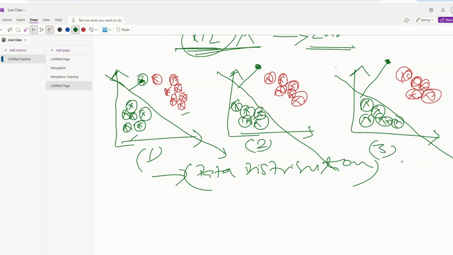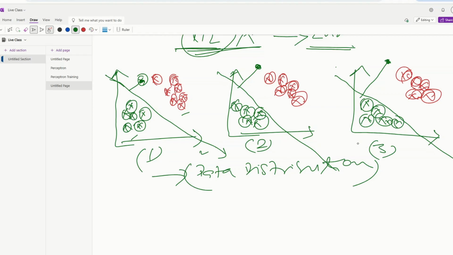This green point is the same in all the cases. The only thing different in all cases is the straight line, I mean my boundary. So after training, let's suppose I found that this is the right boundary in case number 1, case number 2, and case number 3.